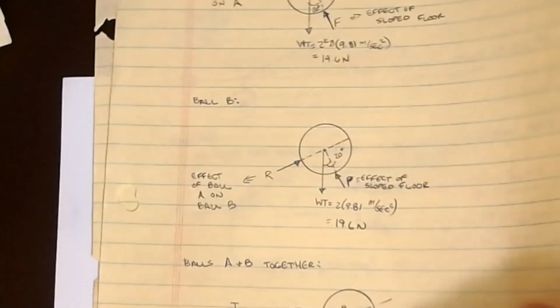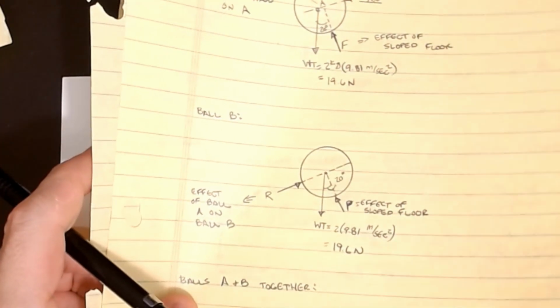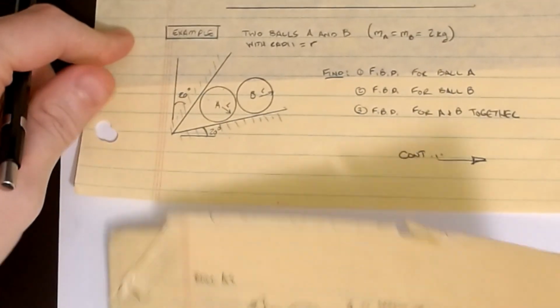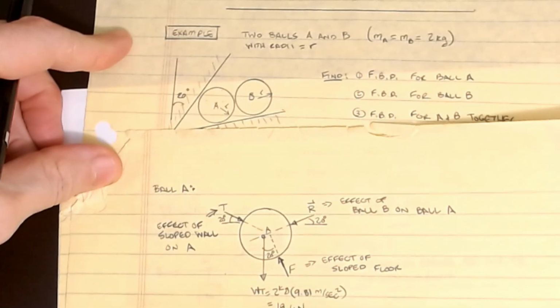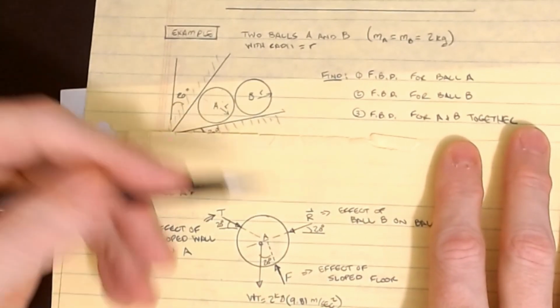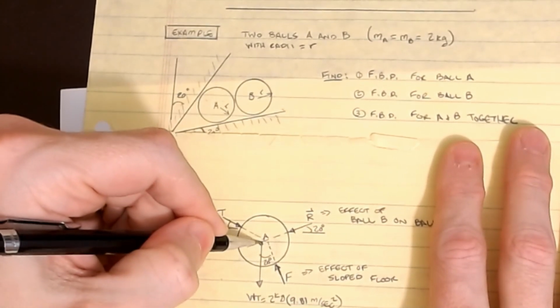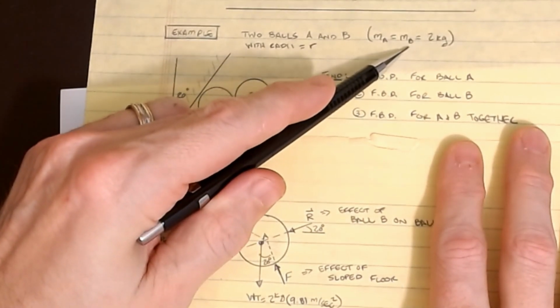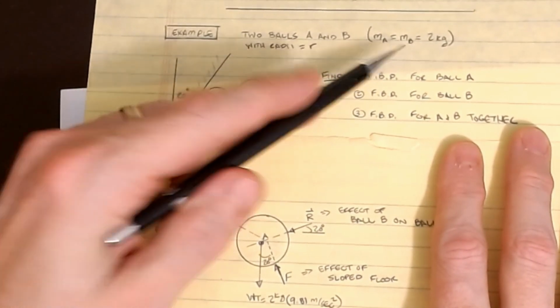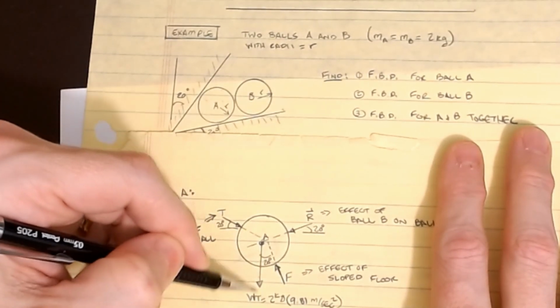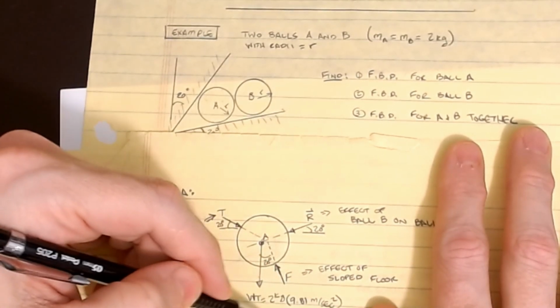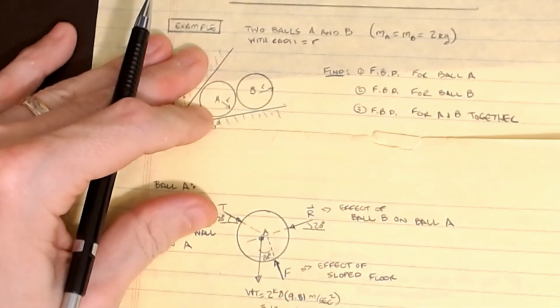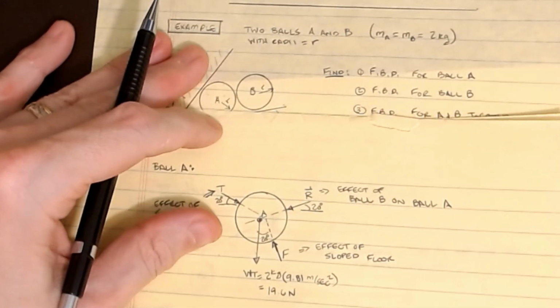All right, so for our first object, let me get this down here a little bit. In fact, I'm going to put the first page back so we can see that guy. If we take ball A, we know the weight of this ball: 2 kilograms multiplied by 9.81, so the weight is 19.6 newtons acting downward.